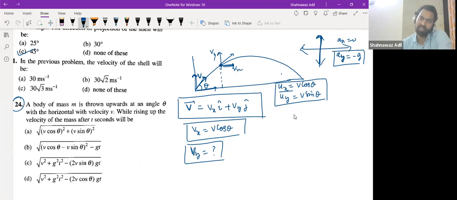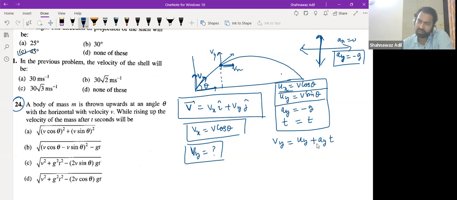Okay, so let me write the conditions. Uy is v sin theta, ay is minus g, time is t. So Vy would be Uy plus Ay t. So Uy is V sin theta, Ay is minus g.